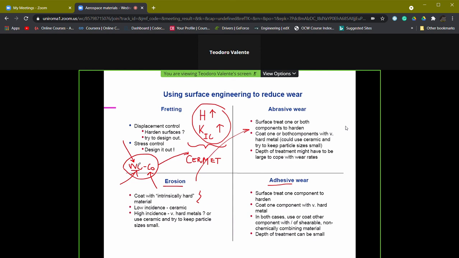Another important thing that you should remember is that when we use surface engineering methods, with an engineering approach, we are not asking to modify the surface of our components in order to have an infinite lifetime.